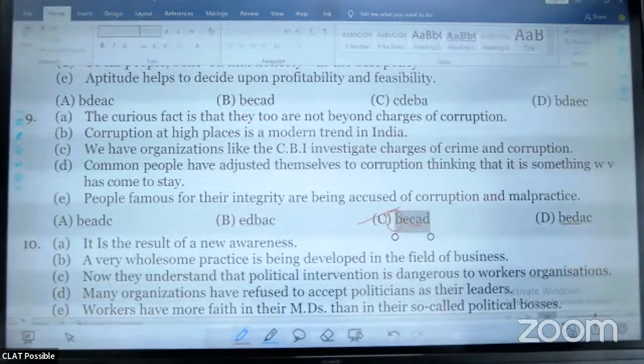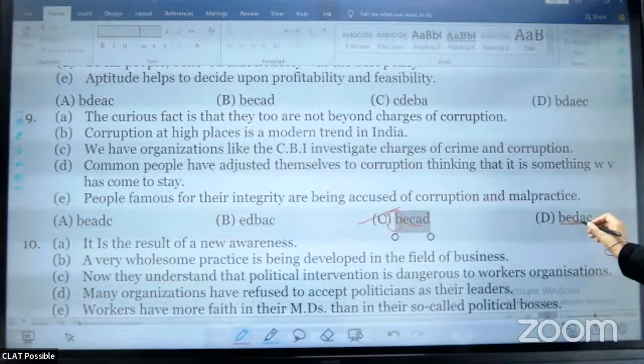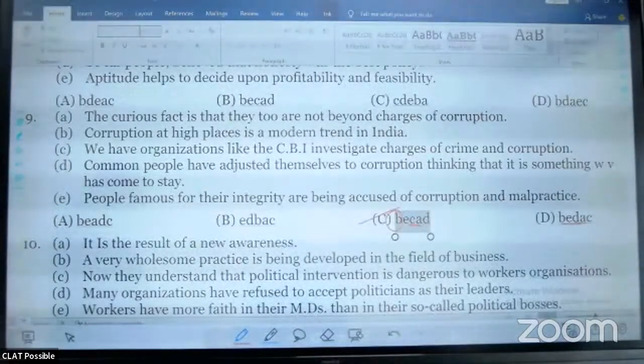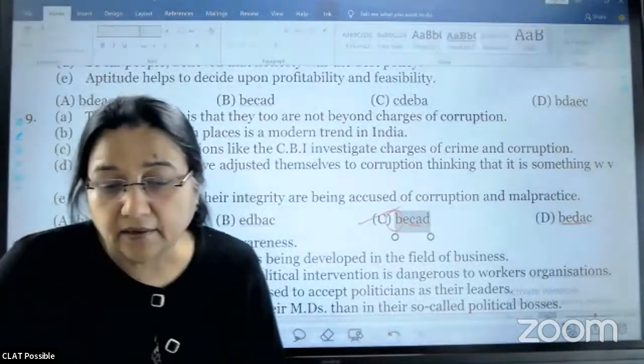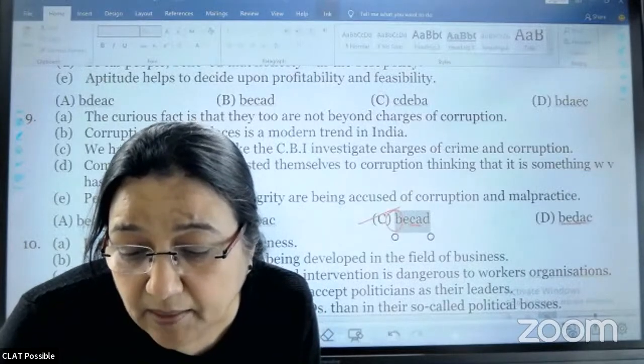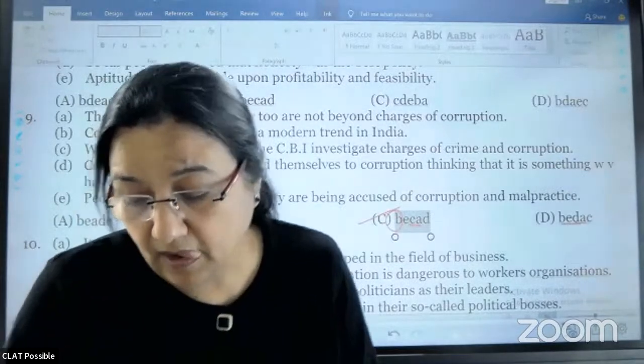People famous for their integrity are being accused of corruption and malpractice. Common people have adjusted themselves. So that is no pair, and DA won't come like this. After saying a D, you'll not be able to say an E. The curious fact. There is no curious fact. That's why. Akshat, is it very clear? There's somebody who's asking me this. I'm forgetting the name.